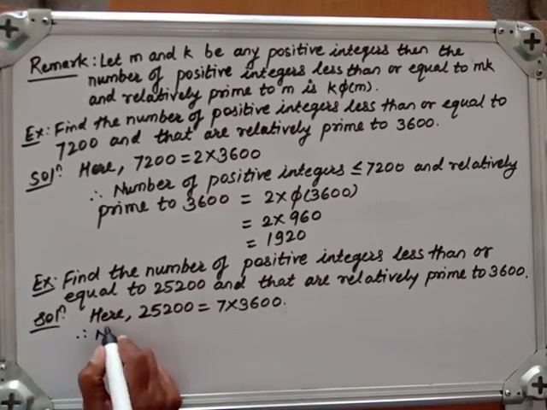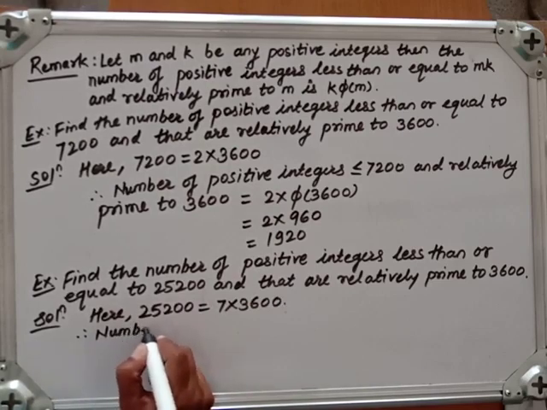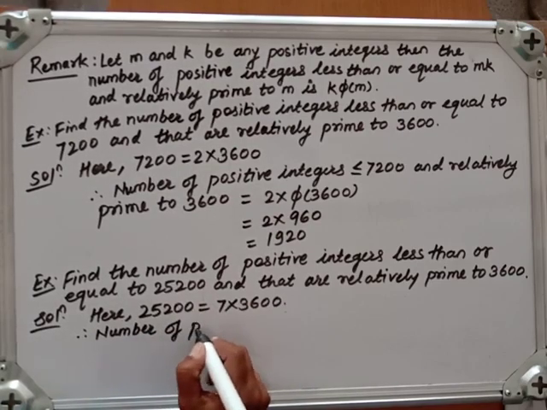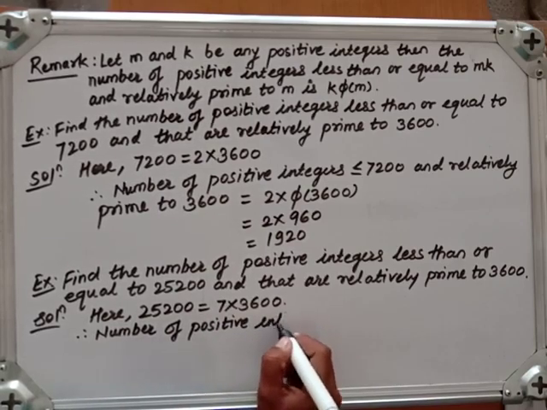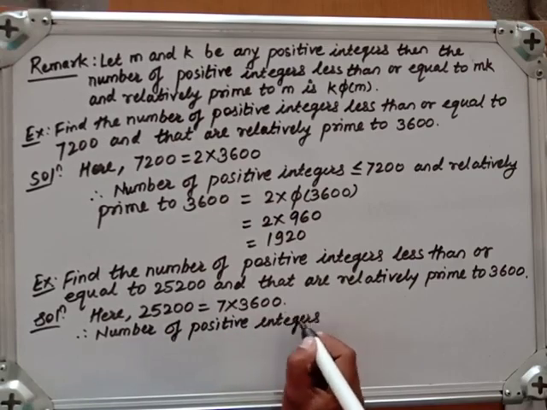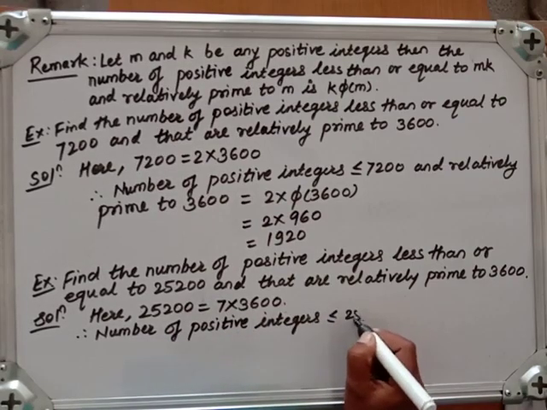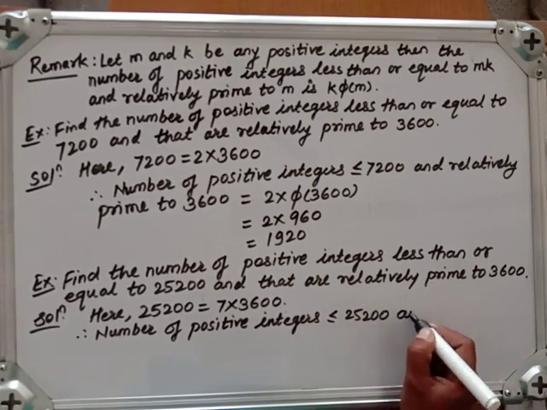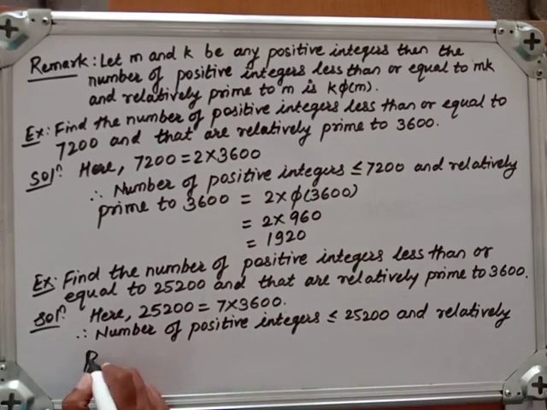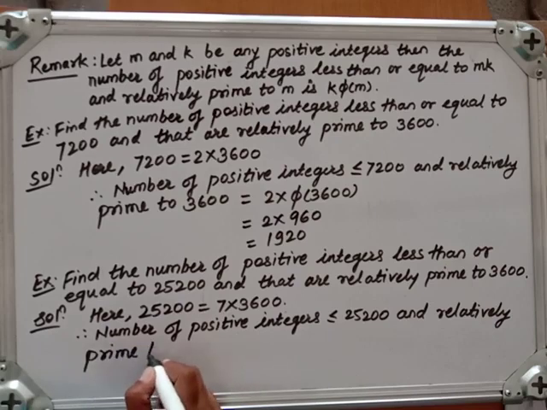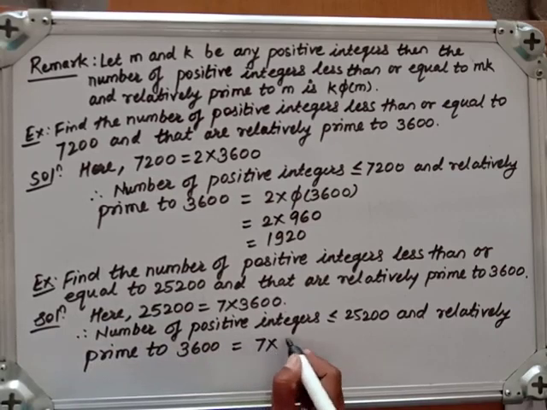Therefore, the number of positive integers less than or equal to 25,200 and relatively prime to 3,600 is equal to 7 into phi of 3,600.